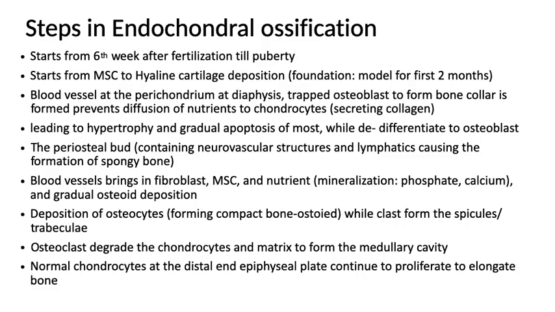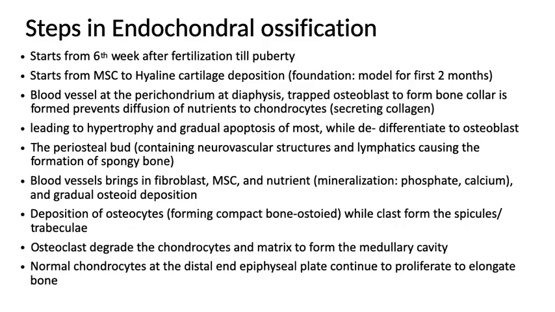So the steps of ossification start from the 6th week of development and go all the way till puberty. It starts from the mesenchymal stem cells that differentiate into hyaline cartilage, forming the models.